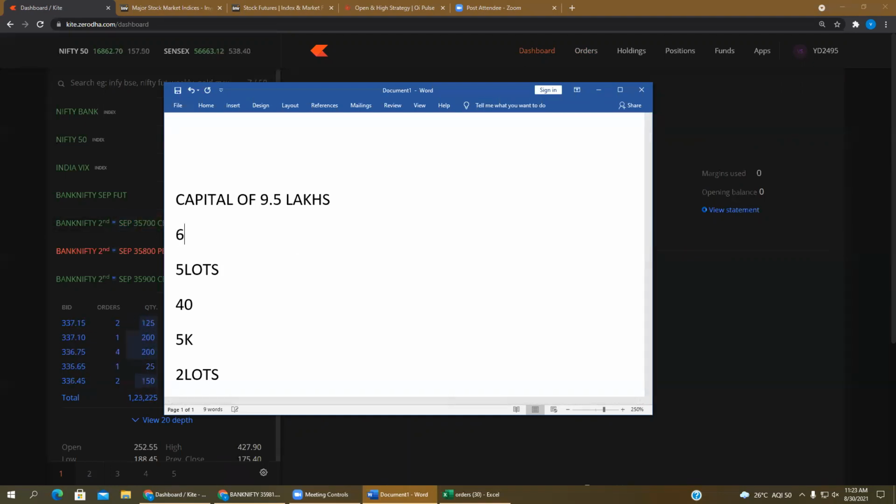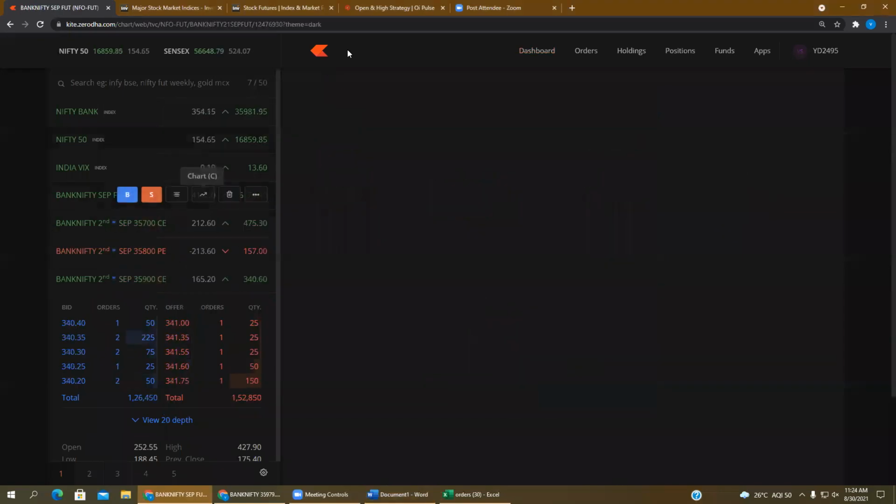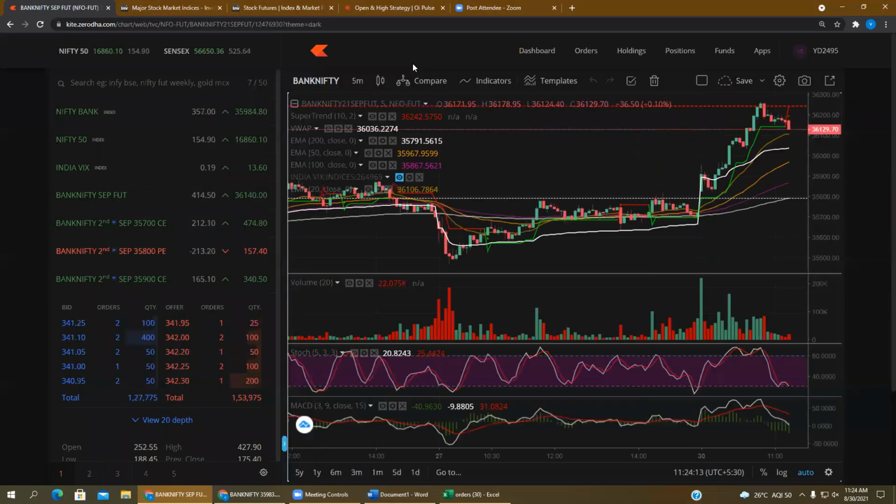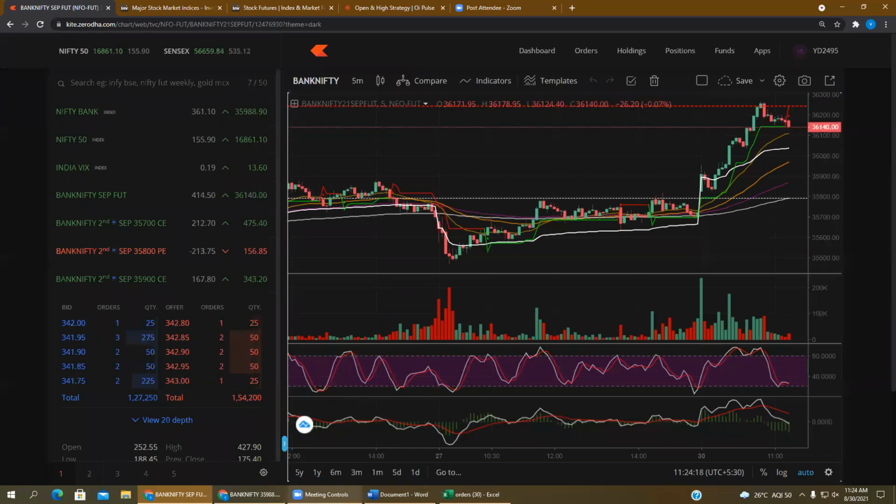So 6 to 7 lakhs I am investing in every trade, which gives me a quantity of 2,500. 2,500 into 40 points is 1 lakh rupees. So my target is 1 lakh rupees. I am done with it. That is how I'm targeting that.